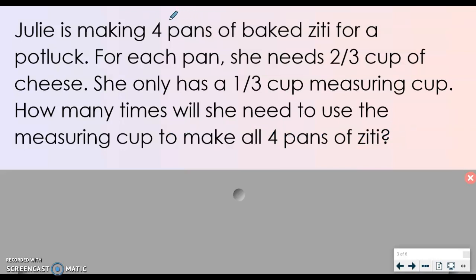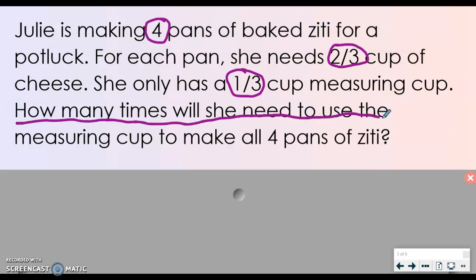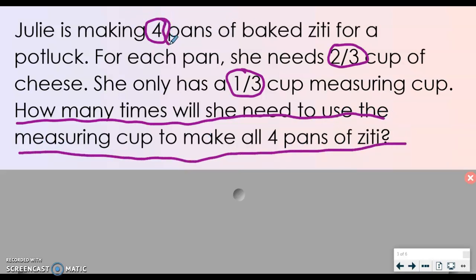Well, let's use our CUBE strategy. So we've got quite a few numbers. Mostly we have 4. We have the fractions 2/3 and 1/3. And we have the 4 again, but it is just restating that we are making 4 pans of ziti. So how many times will she need to use her measuring cup? We're talking about pans of pasta, and the fractions are in reference to the measurement.